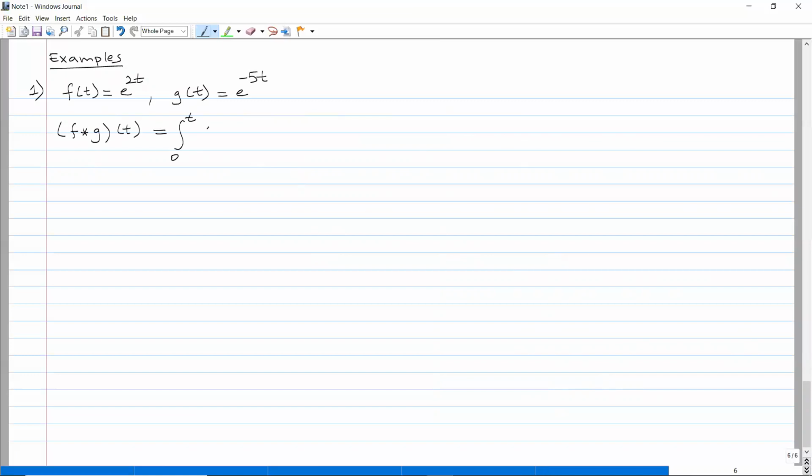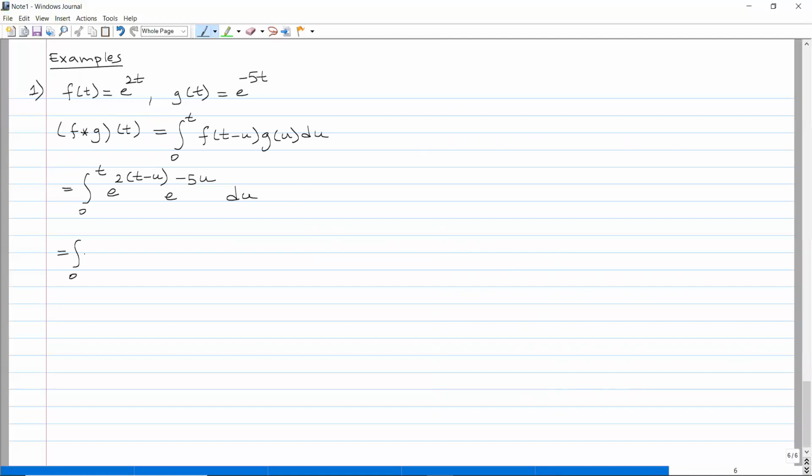We write f of t minus u, g of u, du. So 0 to t. In f, instead of t, we write t minus u. And in g, instead of t, we write u. And we integrate with respect to u.